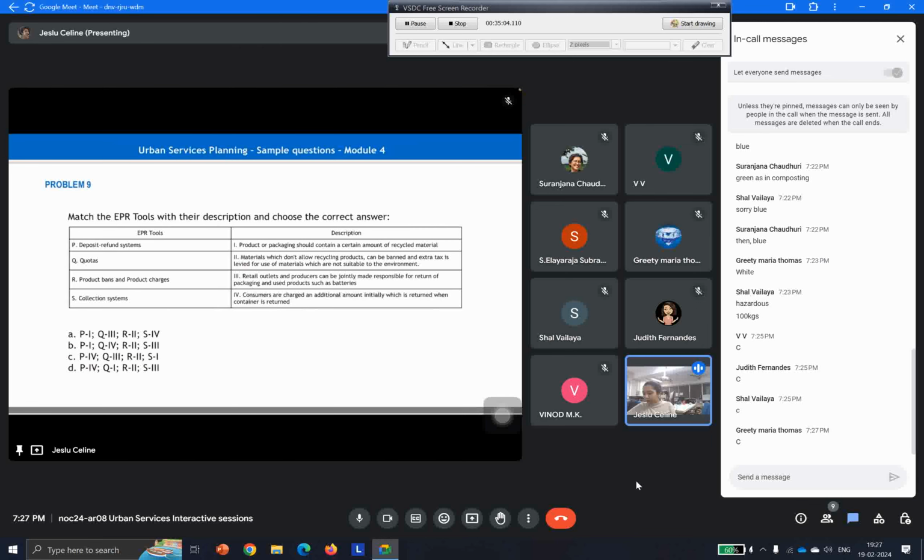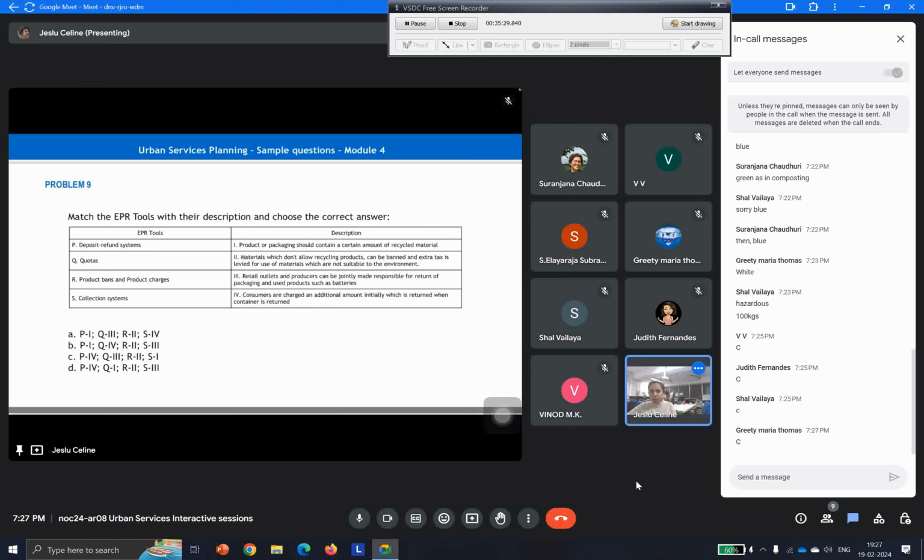Question 9. Match the EPR tools with their description and choose the correct answer. So we have different EPR tools given over here, and then their descriptions. First one, P is deposit refund system, Q is quotas, R is product bans and product charges, and S is collection systems. I'm not reading the description, let's go by the options. So we have P, deposit refund system.